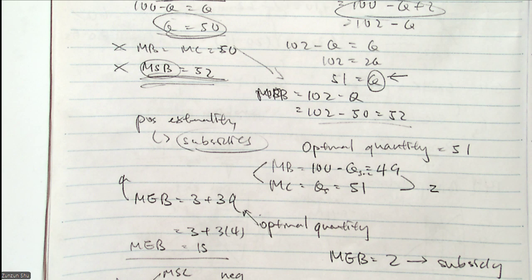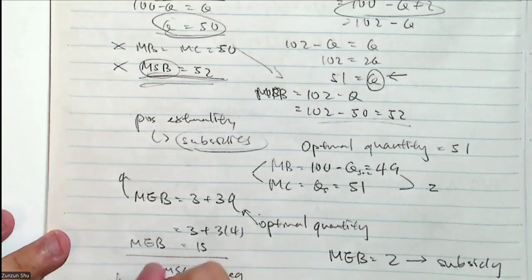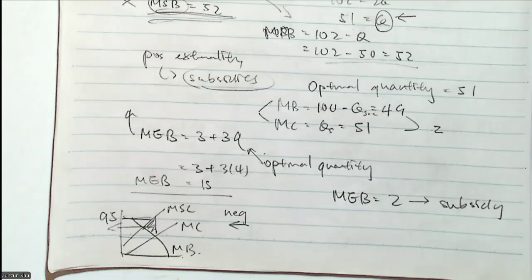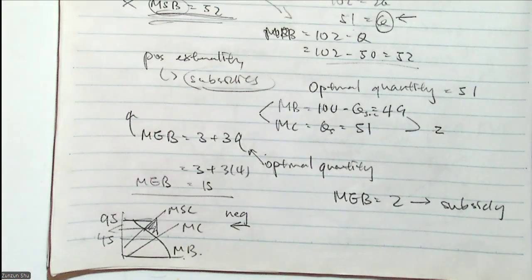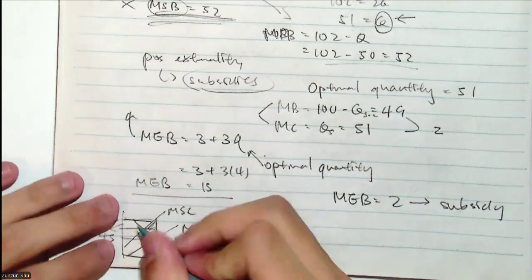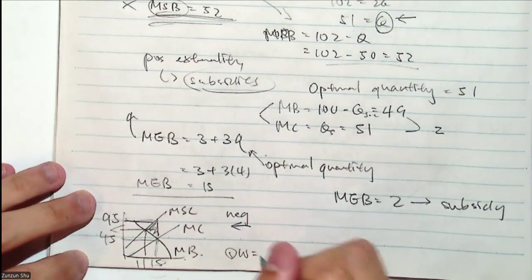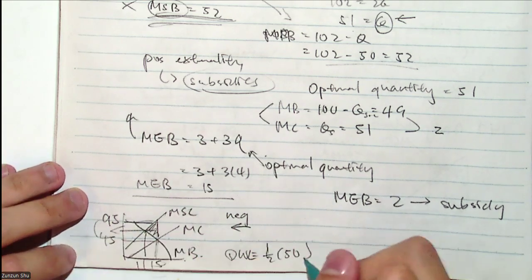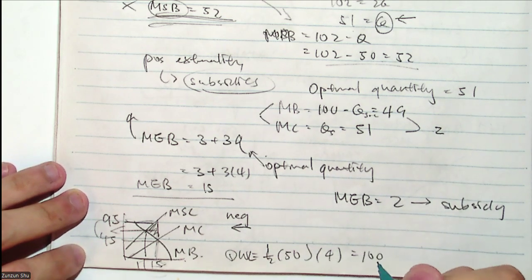The top, I think, is 95. The bottom, which is the equilibrium in your perfectly competitive market, is 45. And your quantity here is 15. Your quantity here is 11. So for the deadweight loss, it's 1/2 times 50, the difference of this, times the difference of that, which is 4. That's going to give you a deadweight loss of 100.